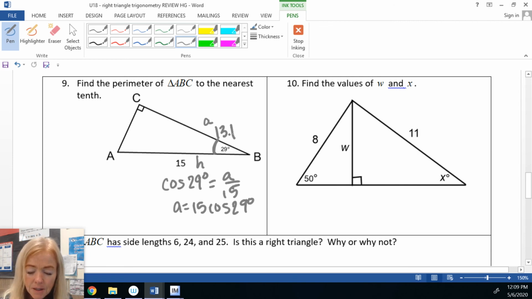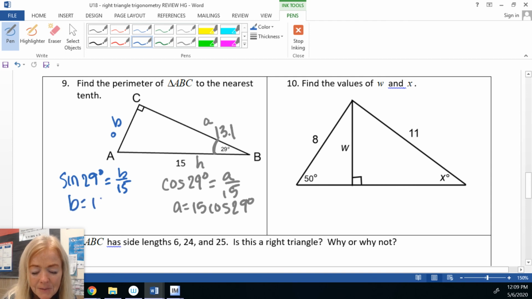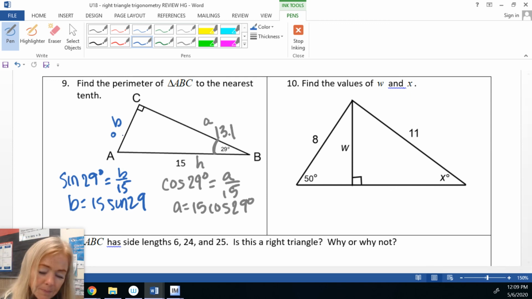All right, and then I'll use a different color, find this side, which we're going to call little b, and it is the opposite side, and then 15 is the hypotenuse. So O and H is sine 29 is equal to B over 15. So B is 15 sine 29, which is 7.3.